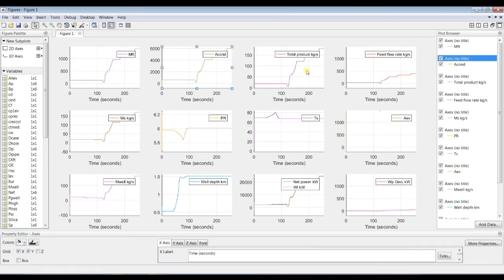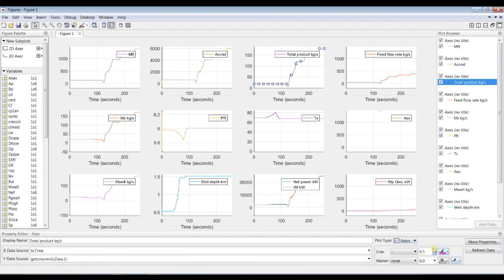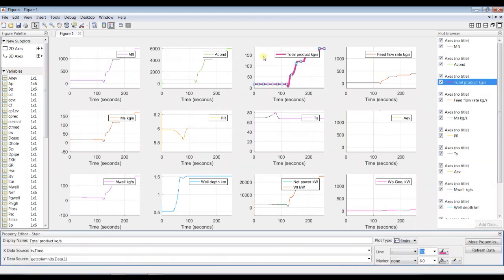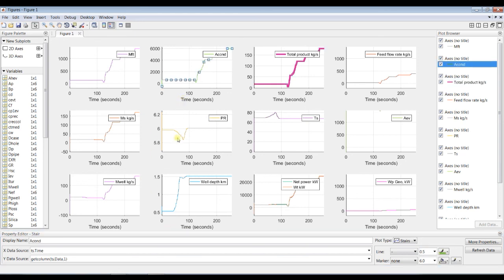This is feed, area, condenser, total product, and you can control and increase whatever. I mean, deal with your figure based on your analysis, or your report or sheet you are going to introduce.